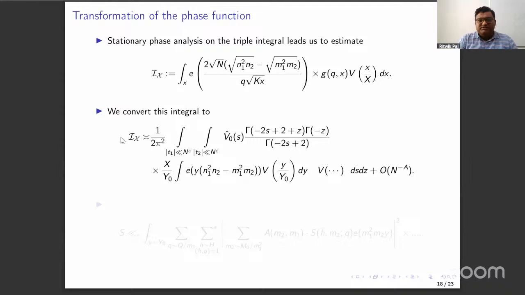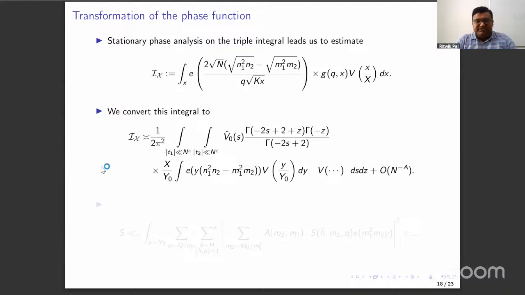This transformation of the phase function was one of the main novelties of our article, and it helped us to get an extra cancellation of the size root k, from the k parameter that we introduced.